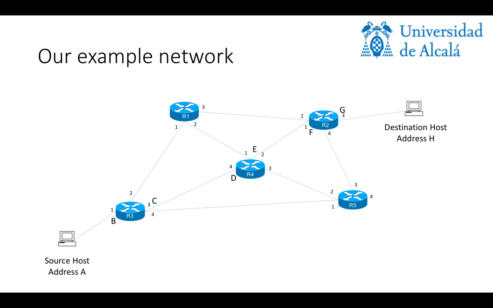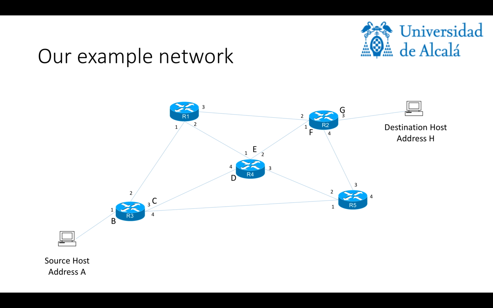So we're going to see how this tool works in an example network, which is this one you can see in the slide. We have two hosts, a source host with address A and a destination host with address H, and a number of routers.